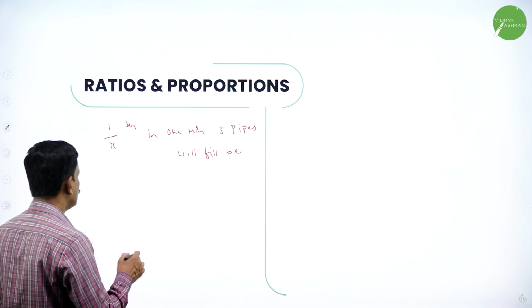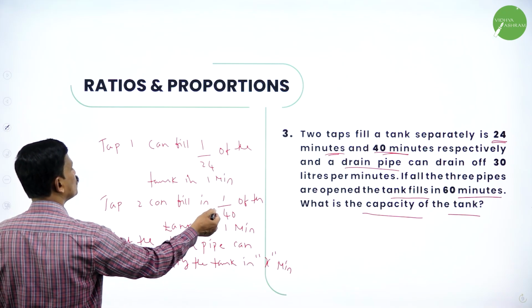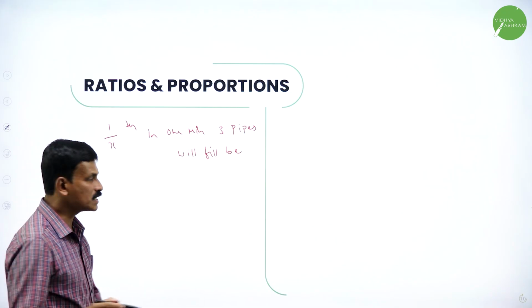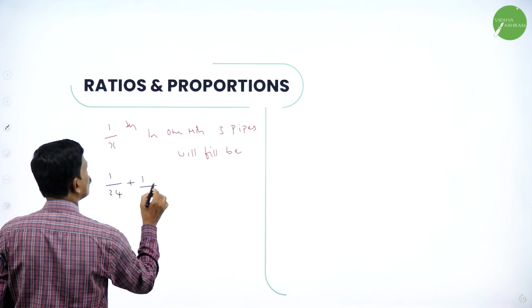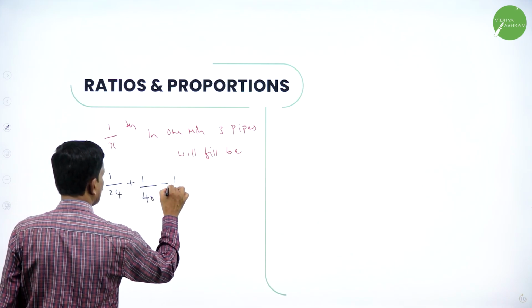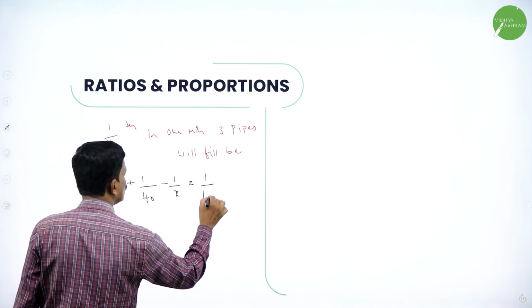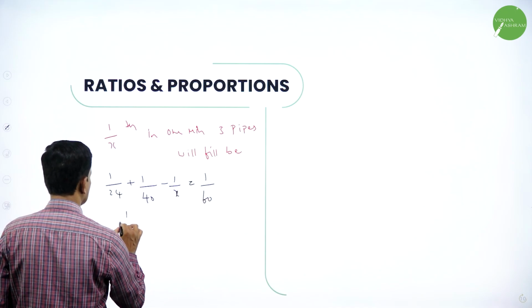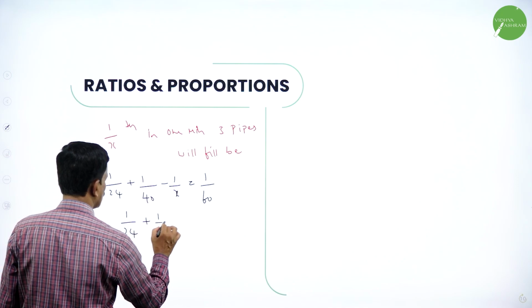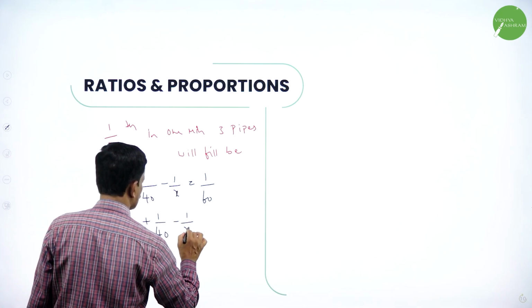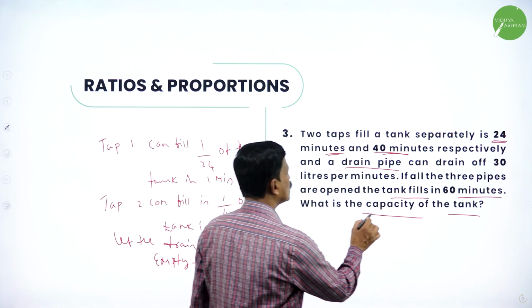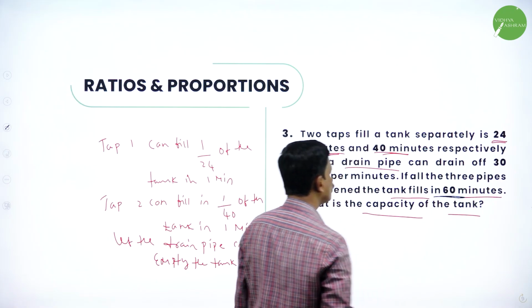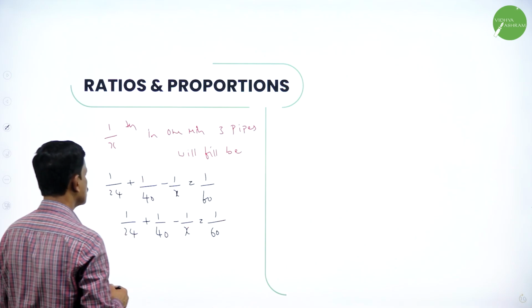Just add it. That is 1 by 24 plus 1 by 40 minus 1 over x is equal to 1 by 60, because they have given that the tank fills in 60 minutes when all pipes are open.